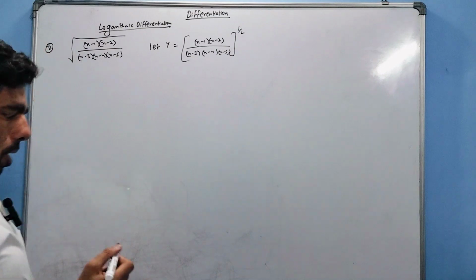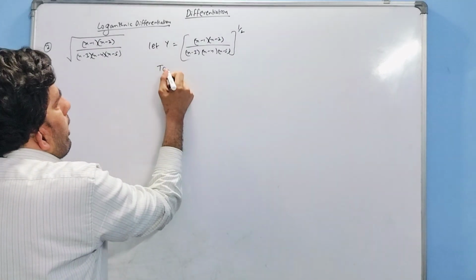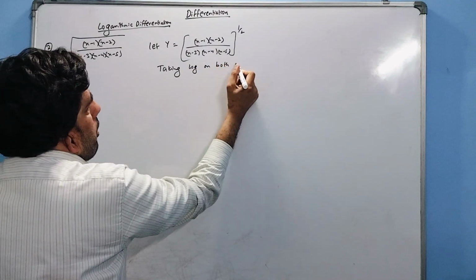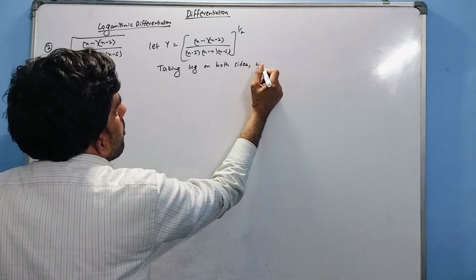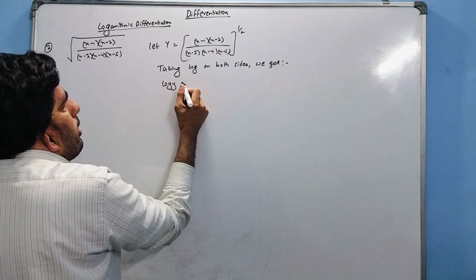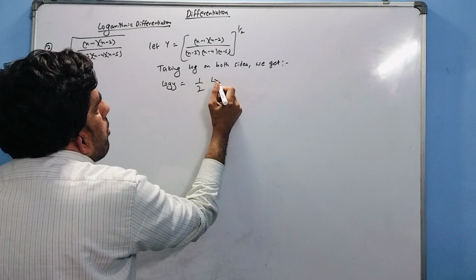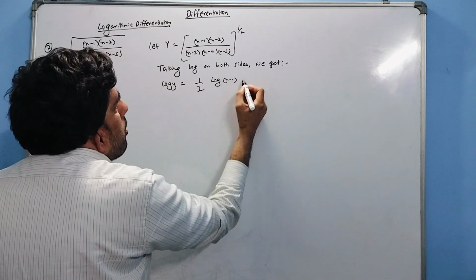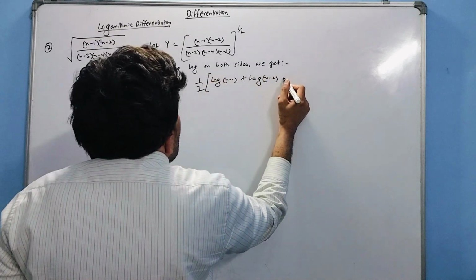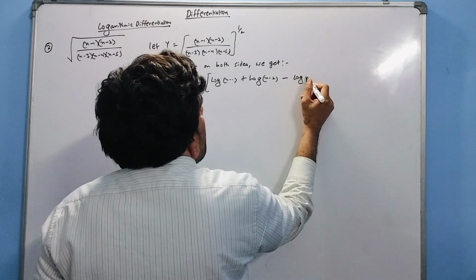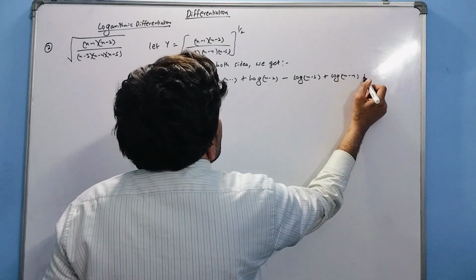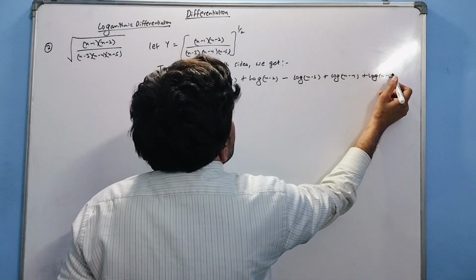Okay, what we can do here, taking log on both sides, we get here log y is equal to half of log x minus 1 plus log x minus 2, now we have minus log x minus 3 plus log x minus 4 plus log x minus 5.